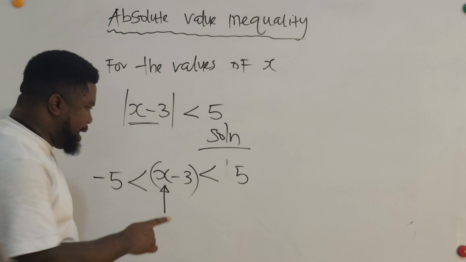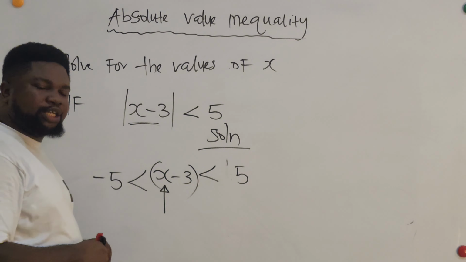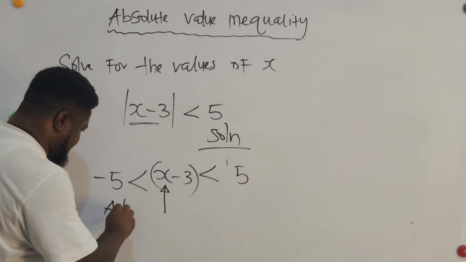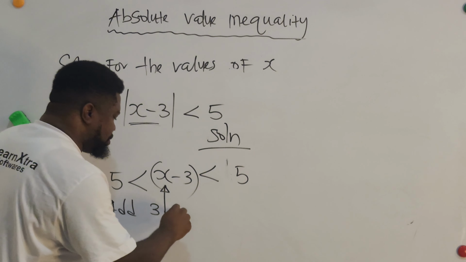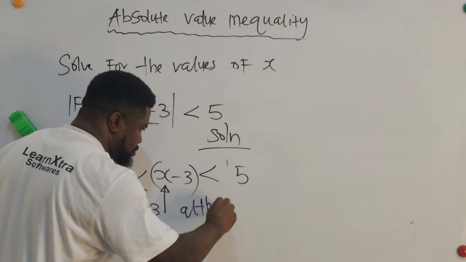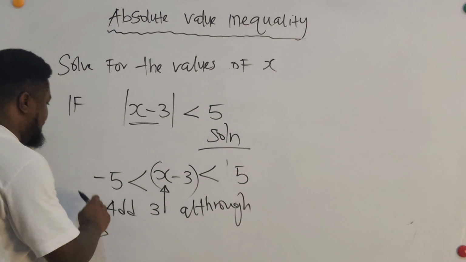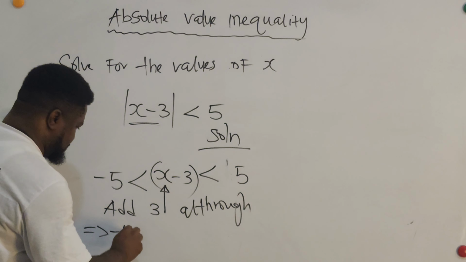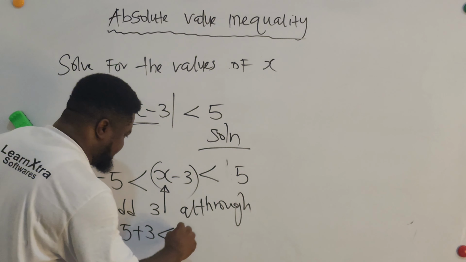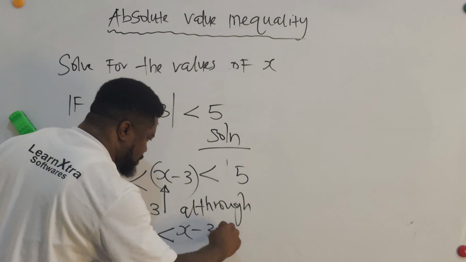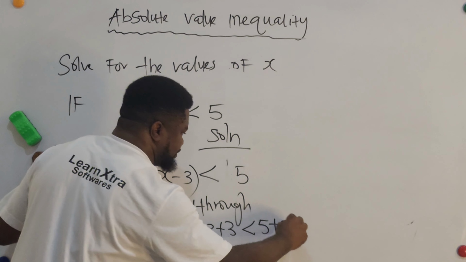So I have to remove minus 3 from this place to leave only x. How do I do it? I'll add 3. Add 3 all through. When we do that, then it becomes minus 5 plus 3 is less than x minus 3 plus 3 is less than 5 plus 3.